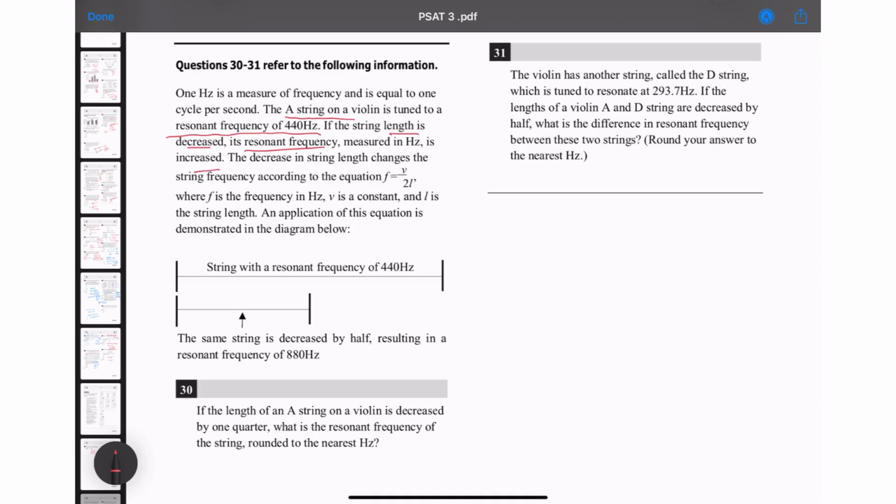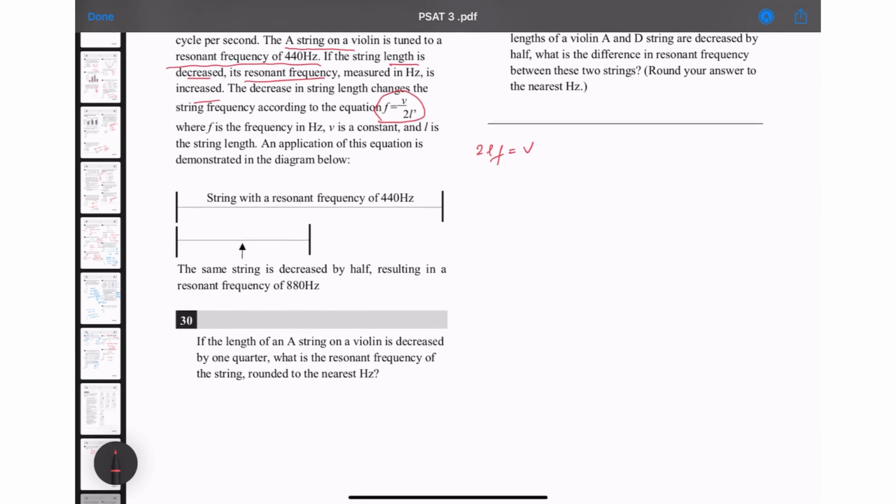The decrease in string length is according to the equation. It is given that F is equal to V over 2L. It means that 2LF is equal to V, and V is a constant. The same string is decreased by half, resulting in 880 hertz.